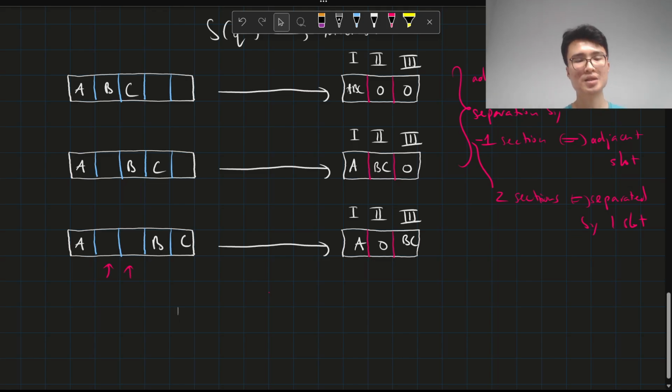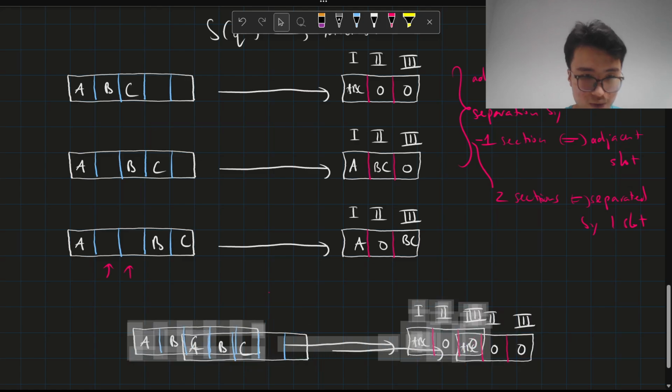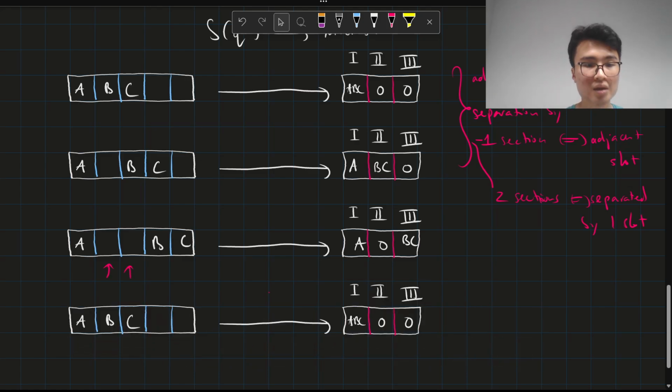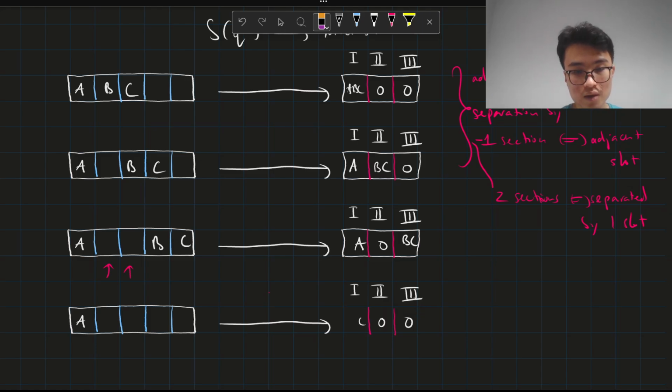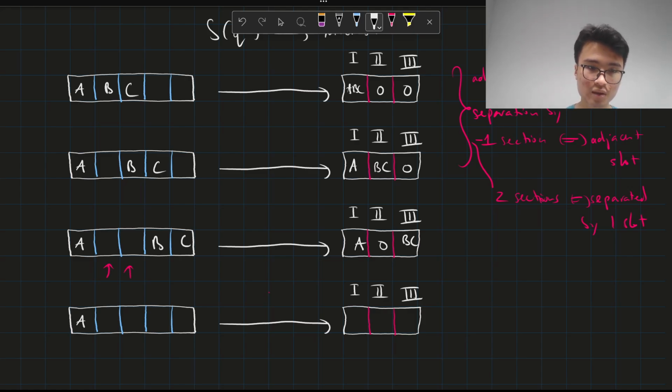So let's give another example. Let's say we have A separated by 1 section, B separated by 1 section, C. So let's read the rule book.